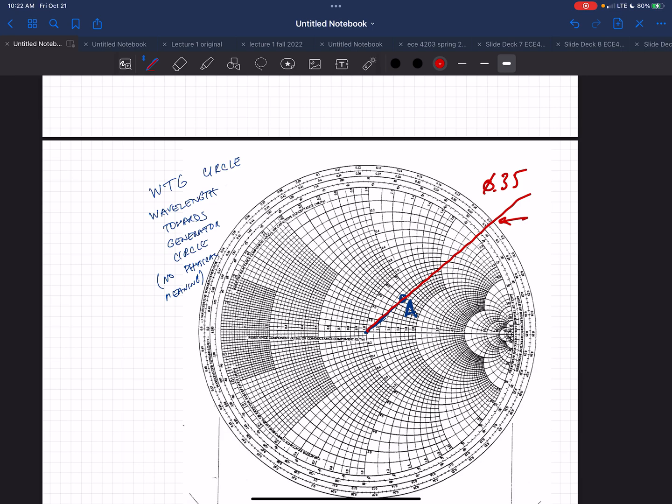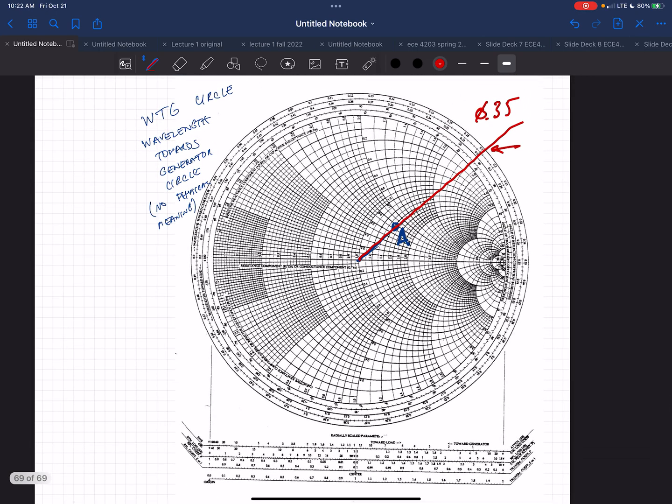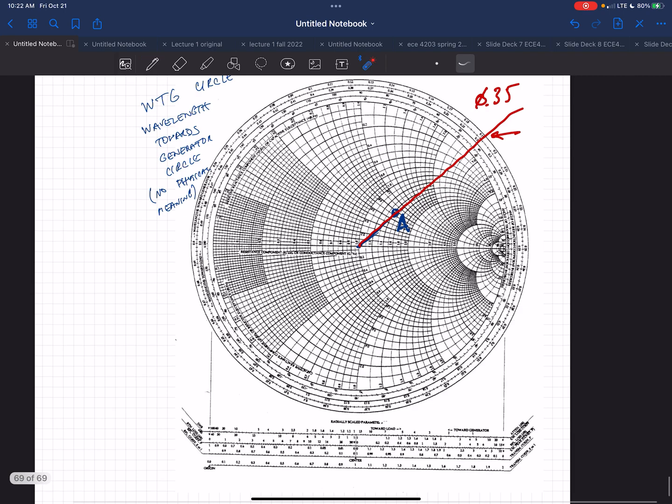Let's say it says 0.35. You guys with me? So I'm just reading that value, whatever that says. This number is just this guy over here.